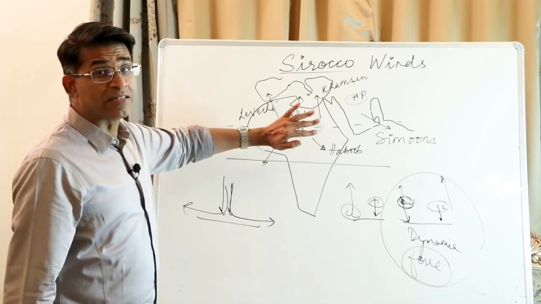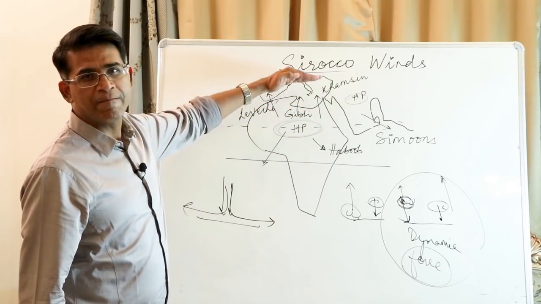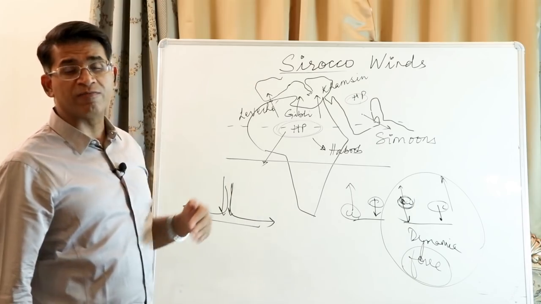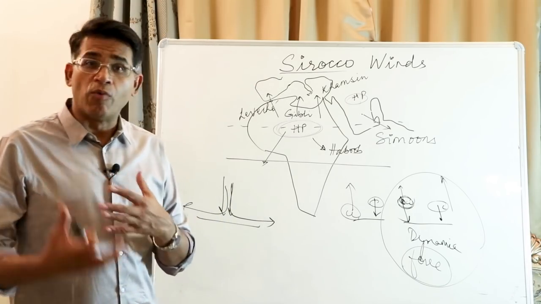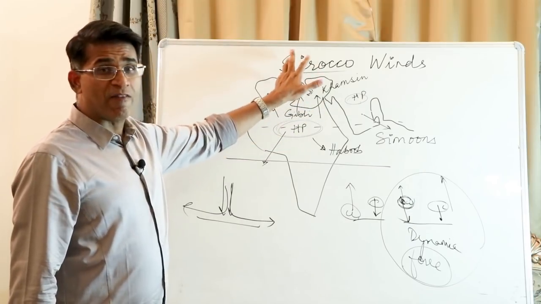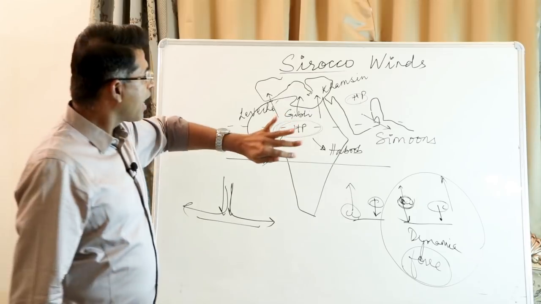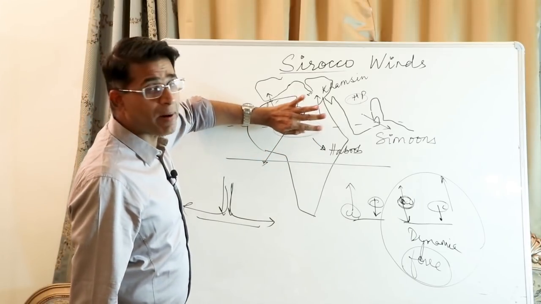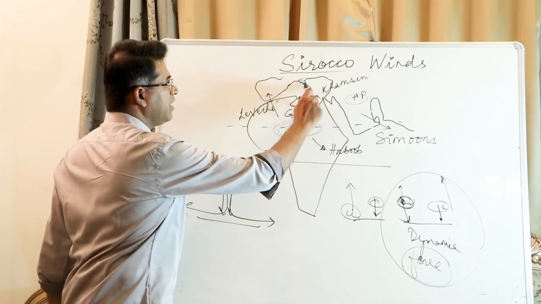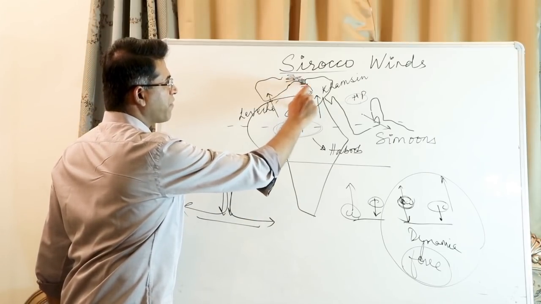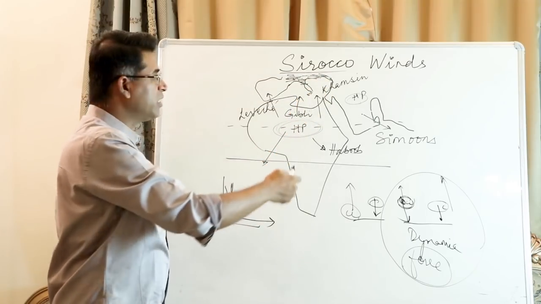Now when this dry dusty wind crosses the Mediterranean, it can pick up a lot of moisture. It can pick up a lot of water from the air above the Mediterranean, because it's warm air, it will force some amount of evaporation. And this air, while crossing the Mediterranean, causes rains in parts of Italy, in parts of southern France, along the Adriatic region.